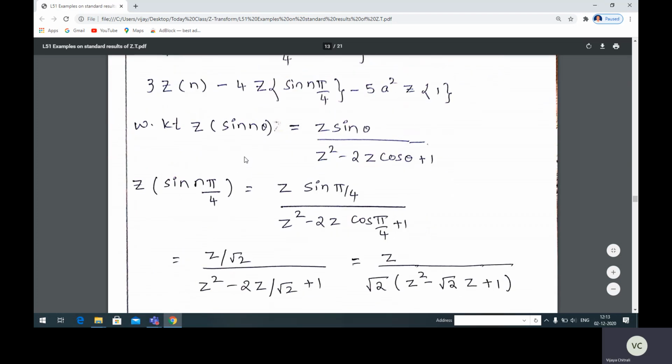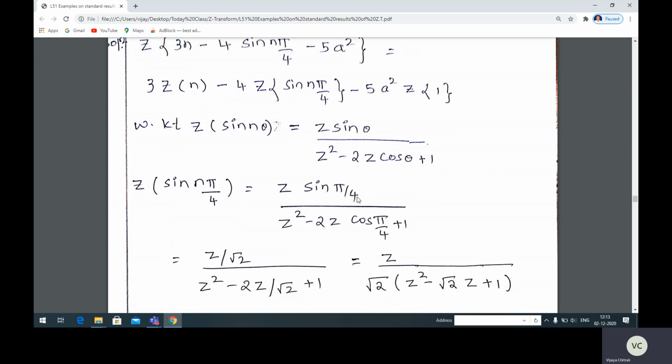So we know that z transform of sine n theta is equal to z sine theta divided by z square minus 2z cos theta plus 1. Now we want sine n pi by 4, so theta is replaced by pi by 4. z sine pi by 4 divided by z square minus 2z cos pi by 4 plus 1. Sine pi by 4 and cos pi by 4 are 1 by root 2. So z divided by root 2 whole divided by z square minus 2z by root 2 plus 1.